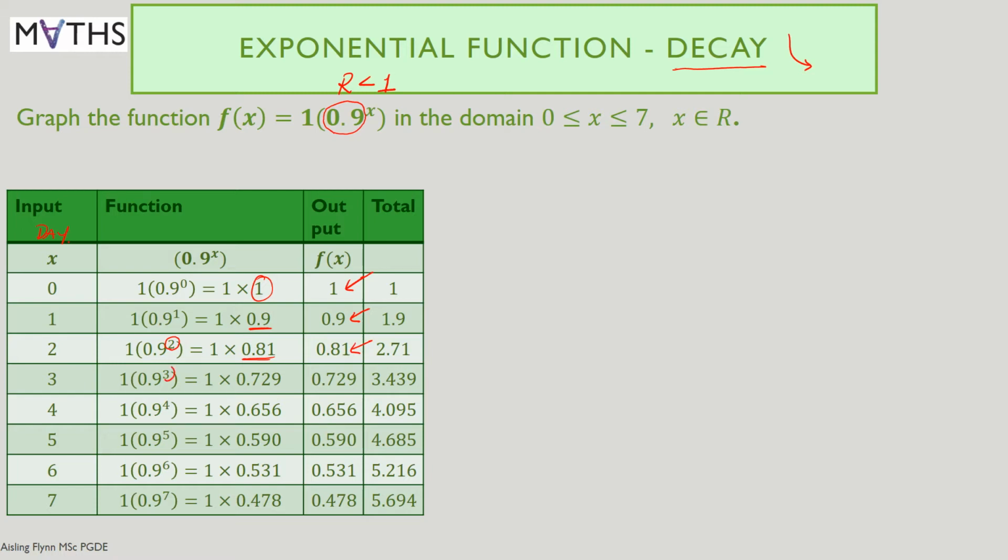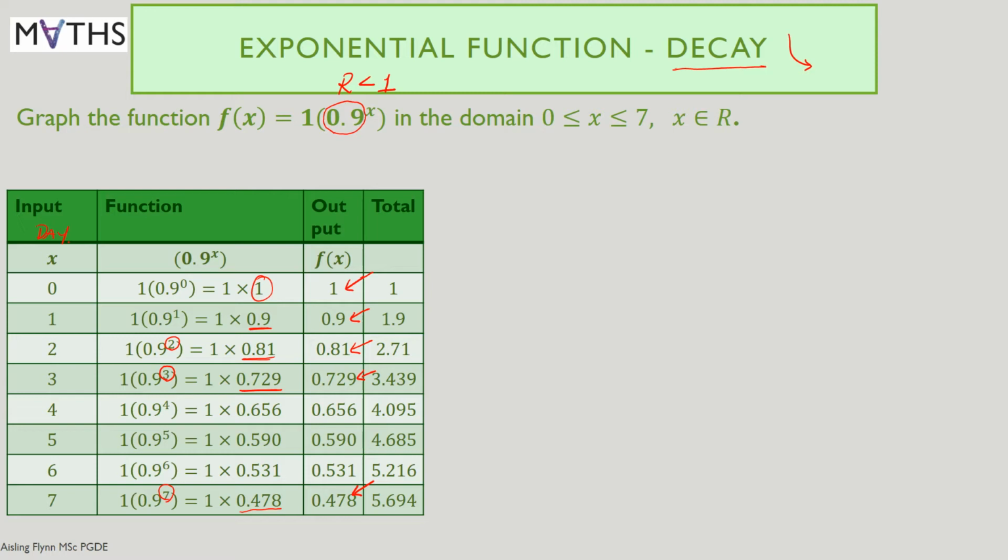On day 3, 0.9 by itself 3 times gives 0.729, so again the value is falling. When you get to day 7, 0.9 to the power of 7 is 0.478, so the values are getting smaller and smaller. Of course, this is based on 1 person on day 0.